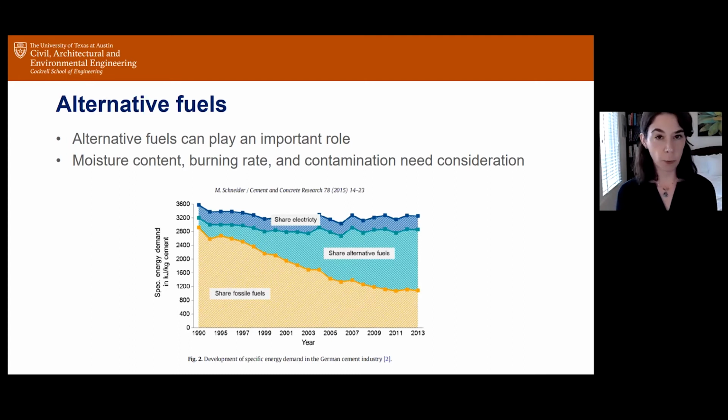So for example, if you have a waste solid that has a high moisture content, that affects the way it's being burned to create the fuel. And then we also have to take into account this concept of contamination. So contamination from what you're burning into the cement process itself. And there's lessons to be learned historically from that that need to be considered in this push toward using alternative fuels.